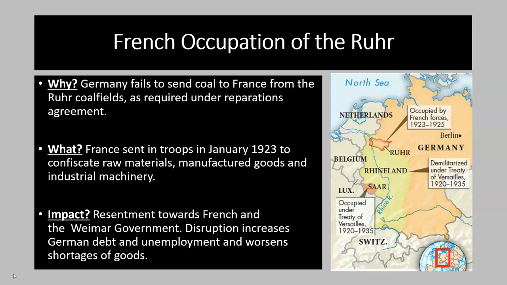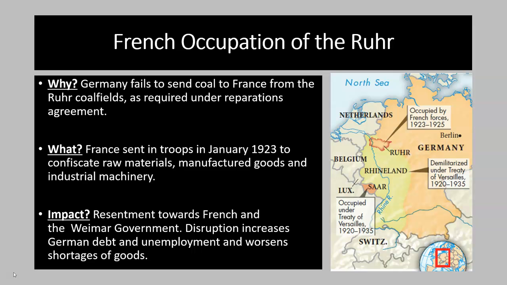So instead, the German government urged its workers to follow a policy of passive resistance, where they basically went on strike and refused to work. The French responded by arresting any German workers who got in the way and bringing in their own workers for the factories instead.